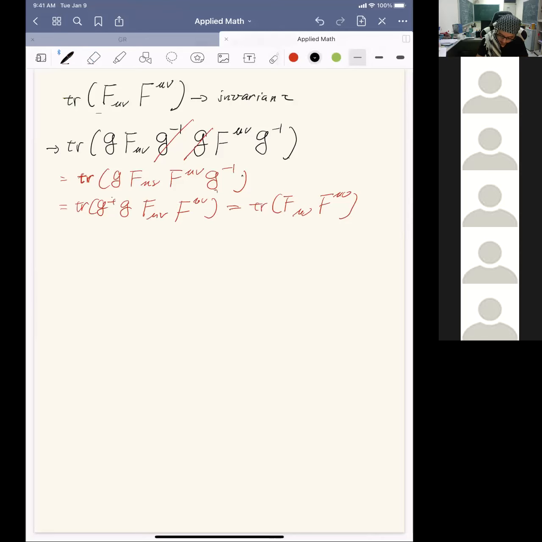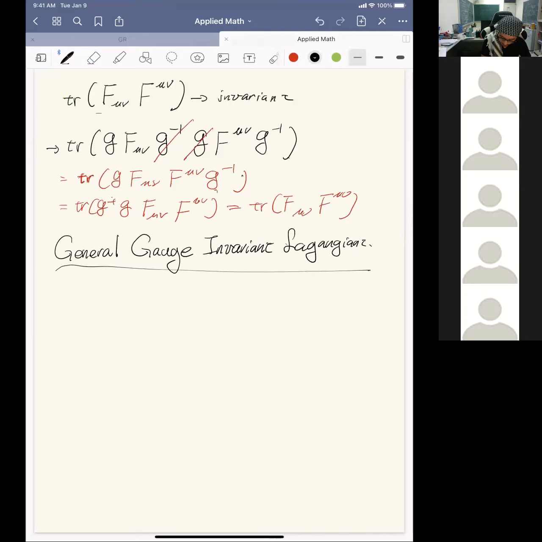Great. So that means the general gauge invariant Lagrangian will take the form, so your Lagrangian is now going to be equal to, for example, if you have scalar fields, the covariant derivative of phi acting on the covariant derivative of phi bar.